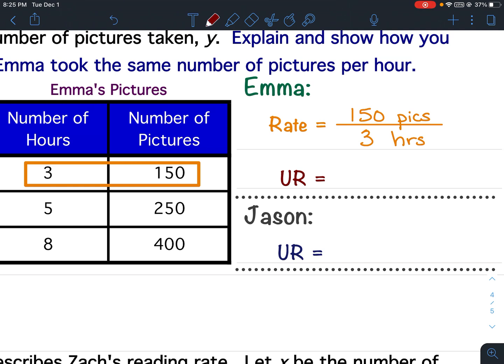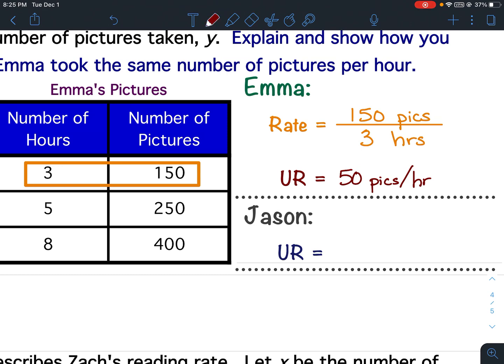Well, 15 divided by 3 is 5, so this would be 50 pics per hour. So 150 divided by 3 is 50. That means Emma's unit rate is 50 pictures per hour.